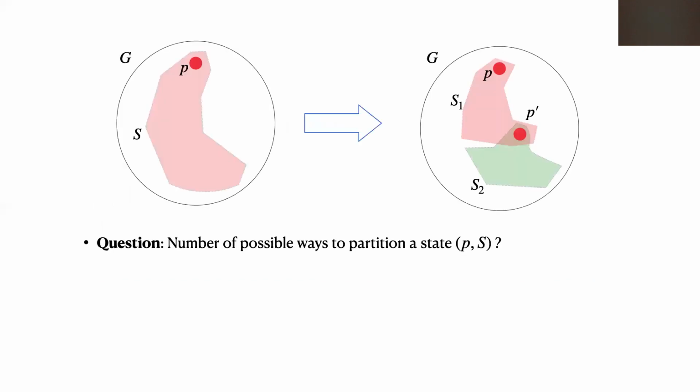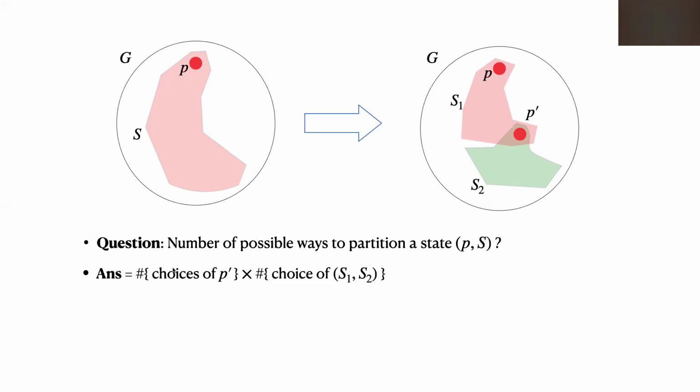To enumerate those state trees is essentially asking how many such state trees there are. To count this number, we consider the number of possible ways to partition a state (P, S). Remember, this state represents some subtree rooted at P with portals S. And to partition it, we will choose a new portal P'. And we divide the original portal set S into S1 and S2.